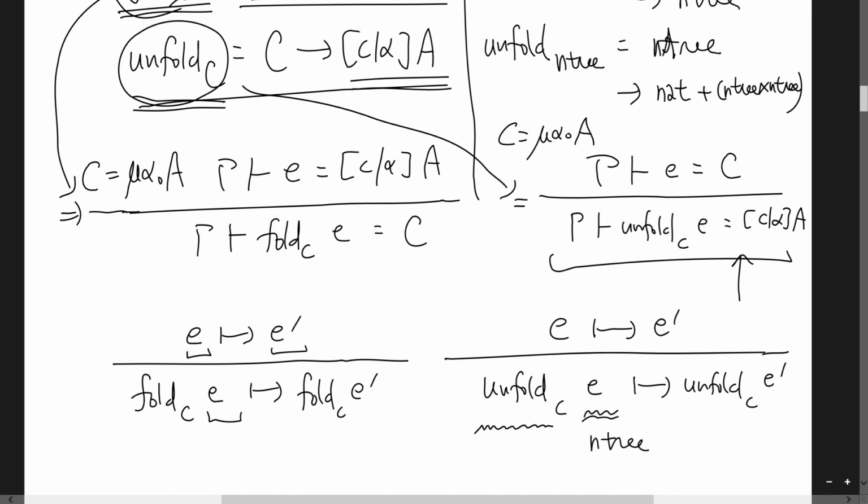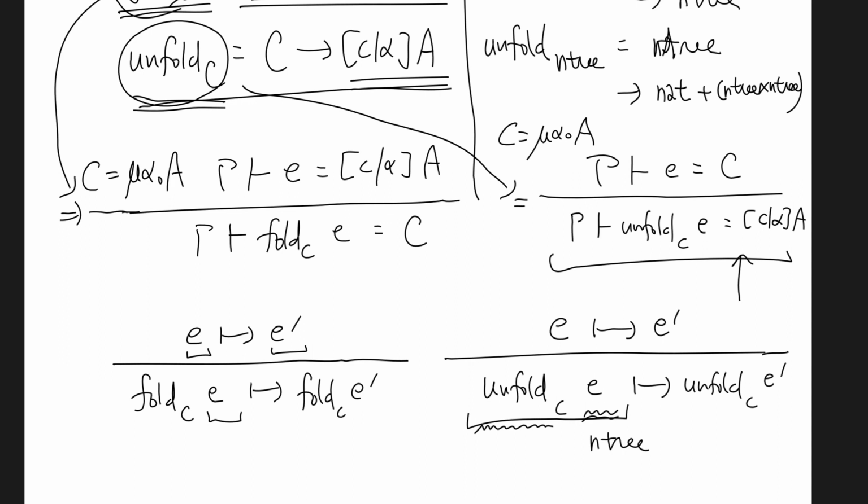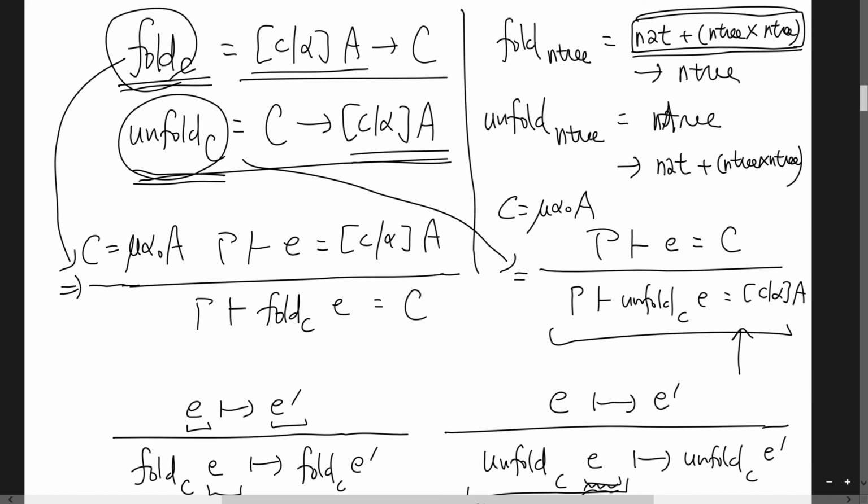Then what happens if the whole expression is well typed? What kind of expression do we expect by evaluating this expression E? If you look at these two type specifications, we realize that the only way to create a value of type C, this recursive type, is by applying fold. That's the only way.